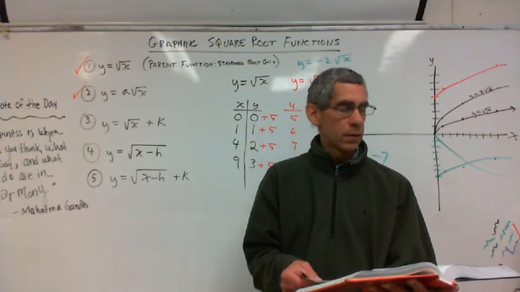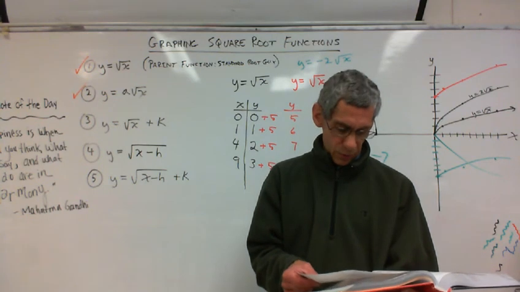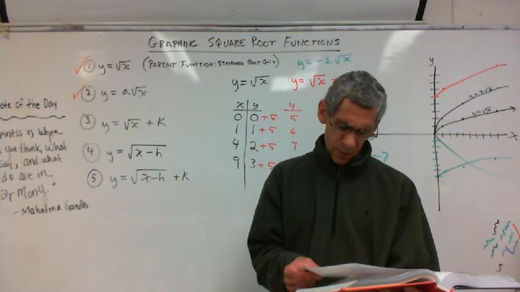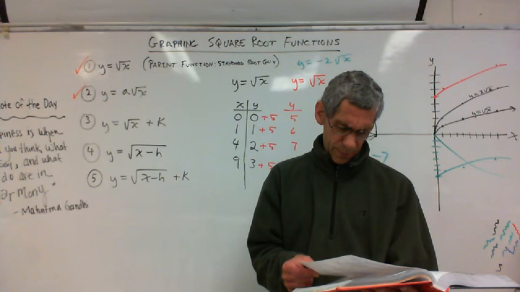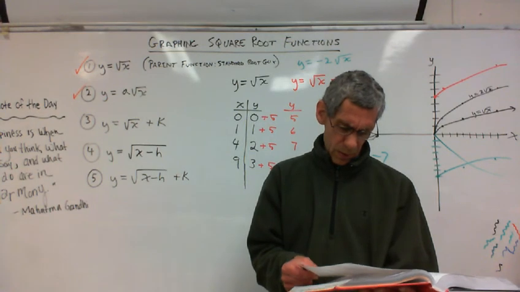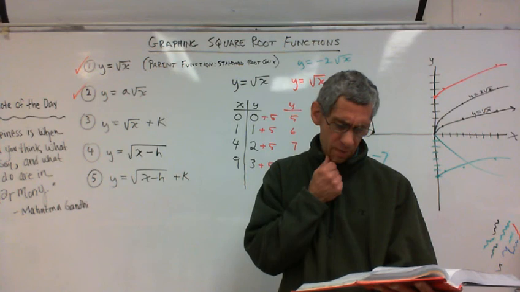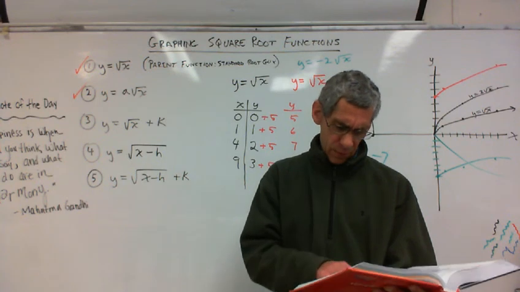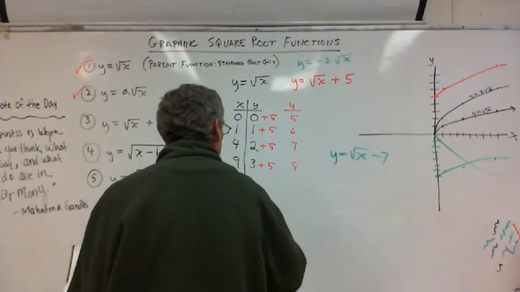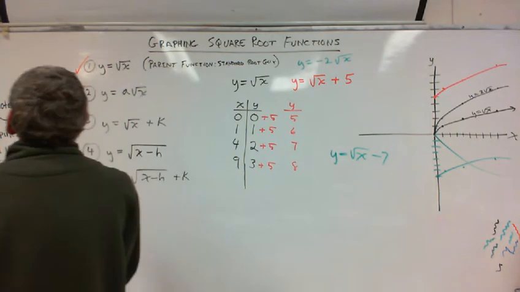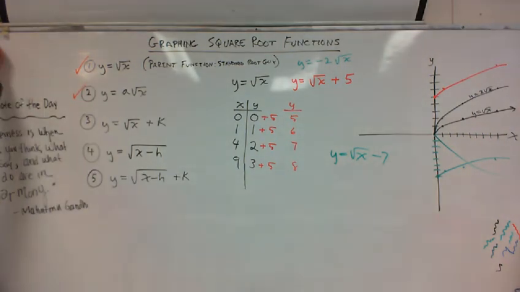And then the numbers I want you to do are 3, 4, 5. Can you write this on the board? Page 713, 714. Do numbers 3, 4, 5.